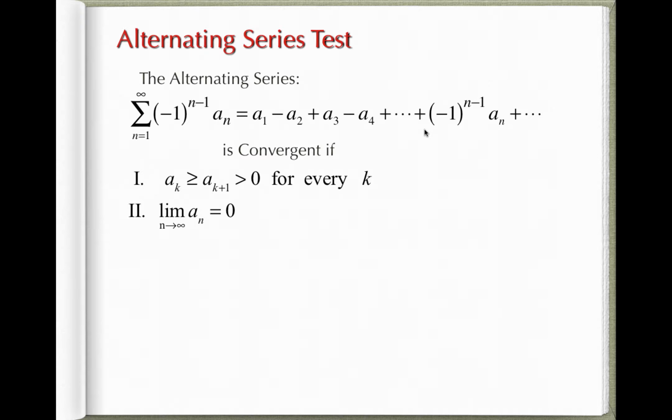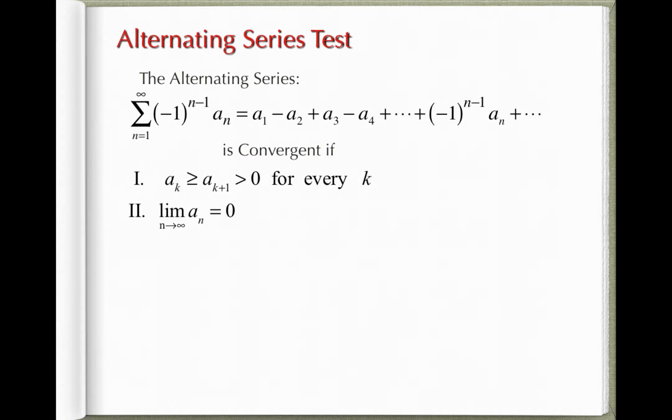First, the terms are decreasing for every k value. We want to see that the term to the left is always going to be bigger than the term that comes immediately to its right in this particular series. So we want to see that our terms are decreasing. And number two, we want to see that the limit of the nth term equals 0.